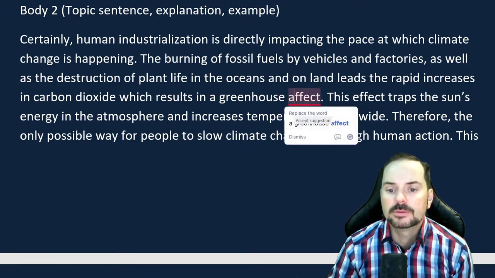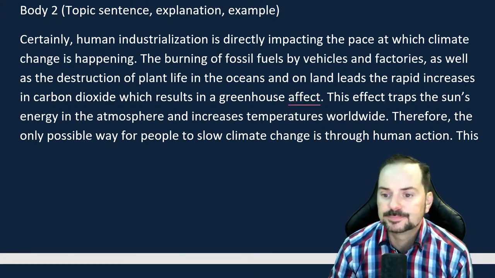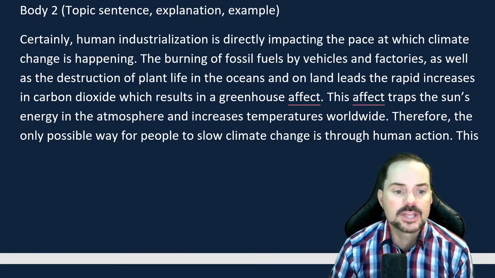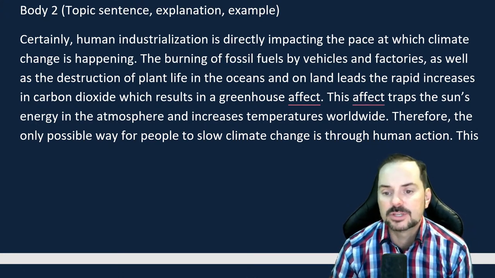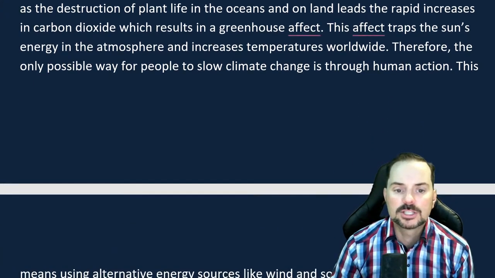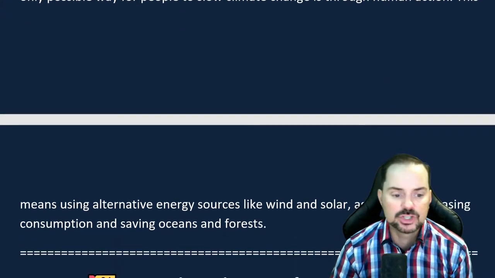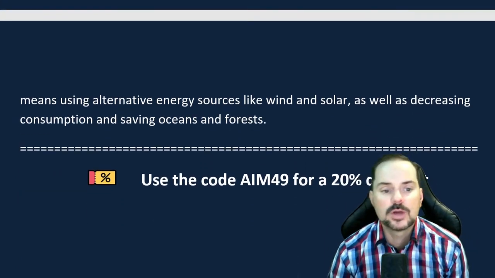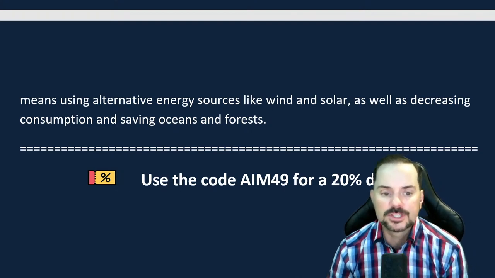It's saying E, but I think it's an A. This effect traps the sun's energy in the atmosphere and increases temperatures worldwide. Therefore, the only possible way for people to slow climate change is through human action. This means using alternative energy sources like wind and solar, as well as decreasing consumption and saving oceans and forests.